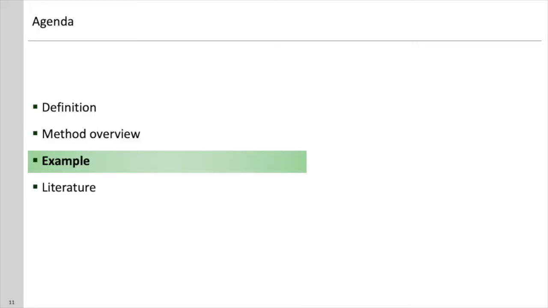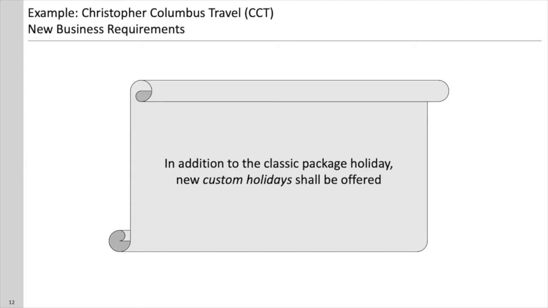And to get a good understanding of that, we now use the method in the context of our example of CCT. You remember in our running example, the travel company Christoph Columbus Travel. The origin of everything that happens was this one new business requirement. The business requirement is that in addition to the classic package holidays, now the company also wants to sell so-called custom holidays.